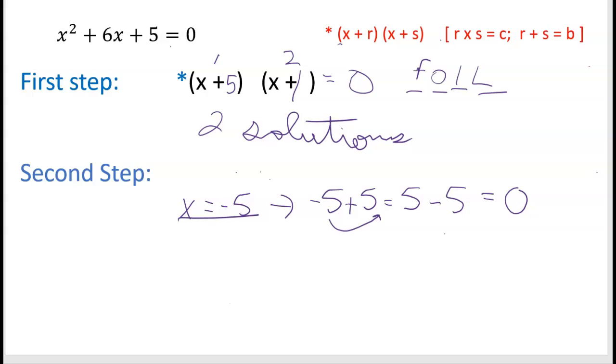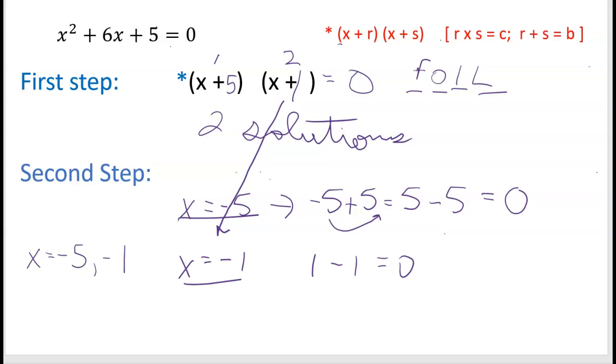So we can also set x equals -1, which means 1 minus 1 equals 0. Yes, that's true. So we have two solutions, and we're going to put it in a conventional form that many teachers will have you use. When there's more than one solution, we'll put them together, separated by a comma. And that quadratic equation has been solved.